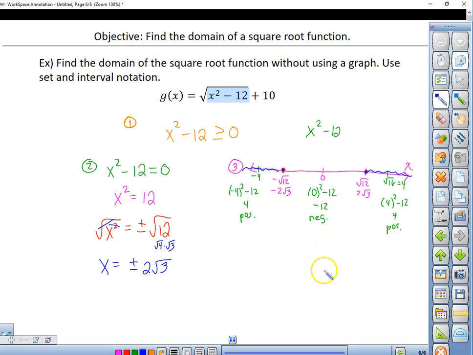Another way of looking at it, for those of you who are more spatially or graphically inclined, what this is telling us is f of x equals x squared minus 12 has an a value of 1. So this is a parabola that opens up and crosses the x-axis at positive and negative square root of 12, which means it's a parabola that looks like this.